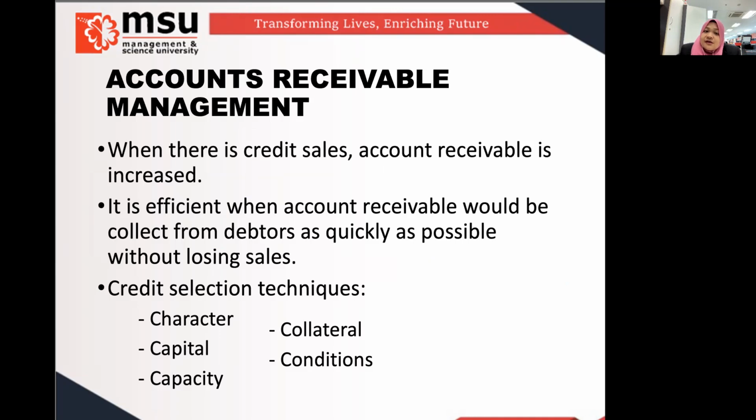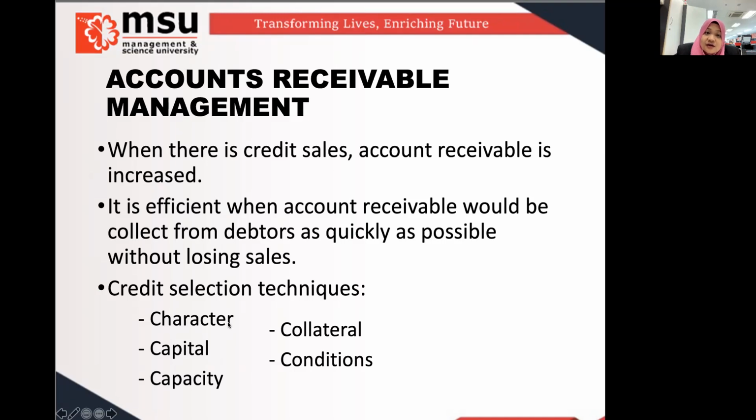So in terms of the account receivables management, we need to know the credit selection of the people or the business. Okay, when there is a credit sale, account receivable will be increased. So it is efficient when account receivable will be collected from the debtor as quickly as possible without losing the sales. So basically, before we want to enter into any business or any transaction or any trading, we have to do the 5C screening.